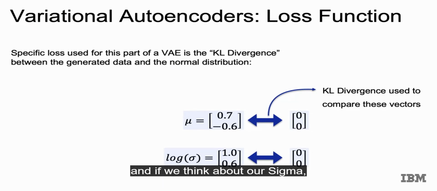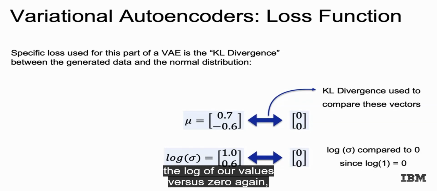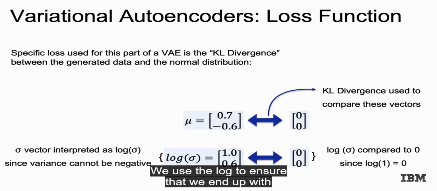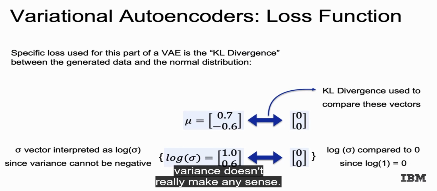And if we think about our sigma, the ideal sigma would be 1. The log of 1 would be 0. So we're going to be comparing the log of our values versus 0 again. And we use the log to ensure that we end up with strictly positive values, as a negative value for variance doesn't really make any sense.